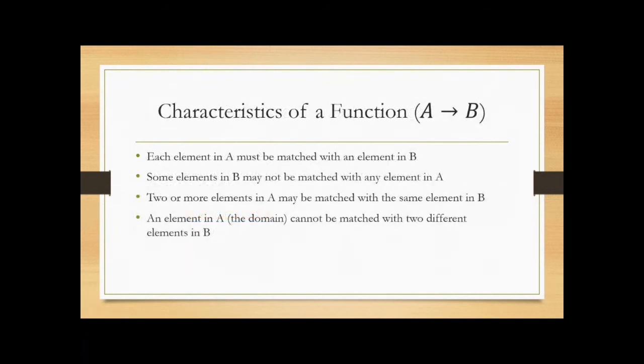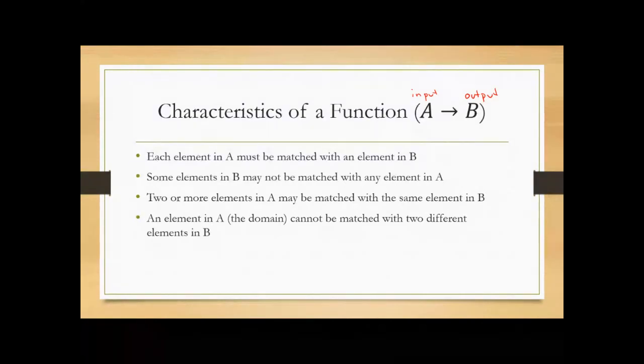Now, there are some characteristics of a function. This goes a little bit beyond what you have seen in college algebra. We know that A is the input and B is the output. Each element in A has to be matched with an element in B, but not everything in B has to be matched in A to be a function. So it's okay if you don't match to everything in B, but everything in A has to go somewhere.